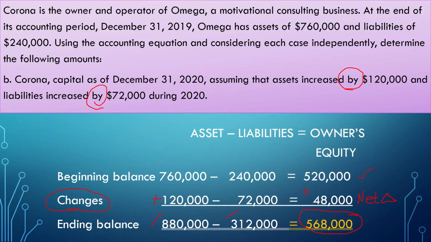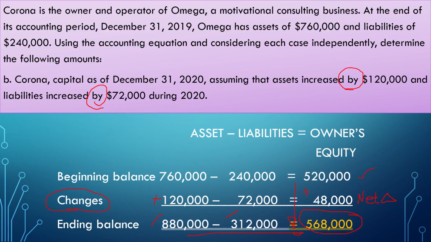So ending assets minus ending liabilities gives you the ending owner's equity, which is 568. So whether you go horizontal or vertical, you should get the same answer, 568.